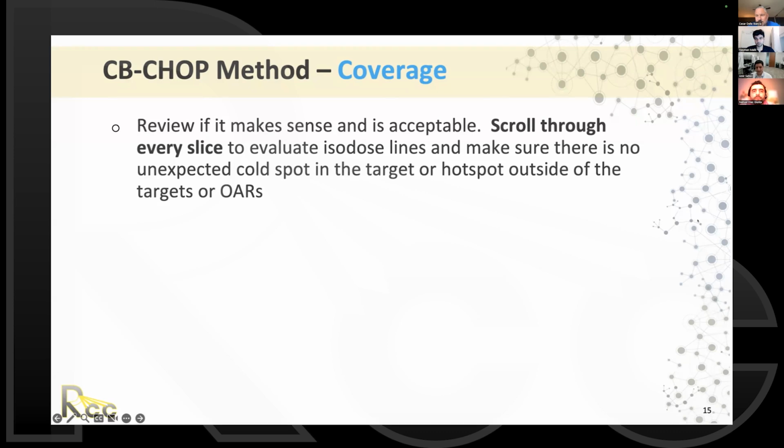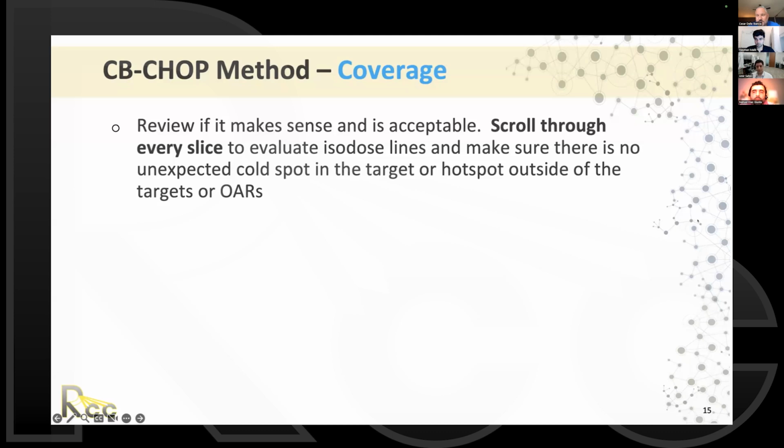The second, as Dr. Malik was saying about scrolling through to see how you can push the doses off of the organs at risk. One of our mentors, Dr. Arjun Sehgal, who's a CNS radiation oncologist, really helped to reinforce this idea to me of thinking of the dose distribution in 3 dimensions.